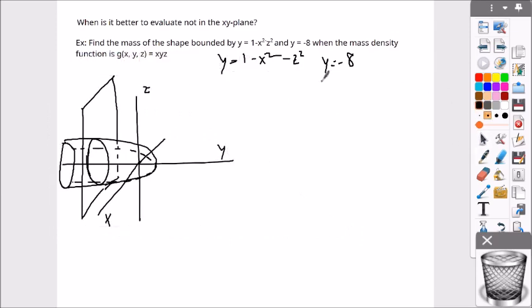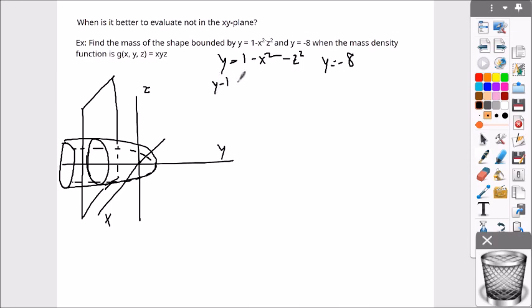If you look at it, does this region look x simple? Does this region look z simple? Well, yeah, it looks x simple and it looks z simple. But here comes the problem. I can solve this for x.